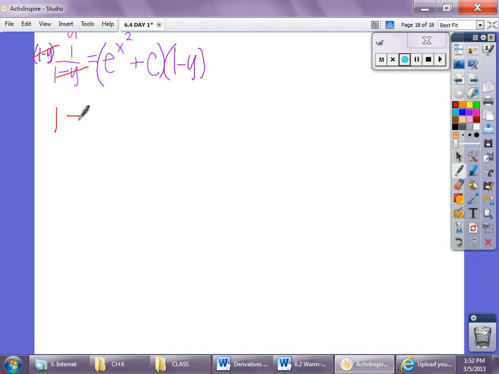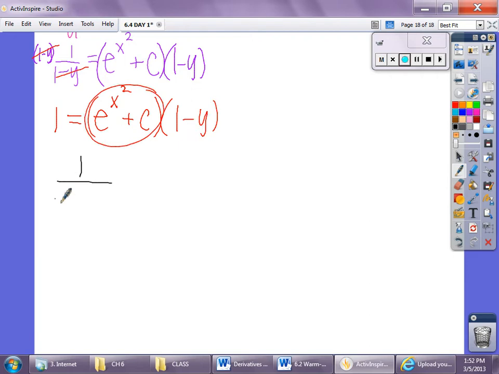I get 1 equals e to the x squared plus c, whole thing multiplied by 1 minus y. I'm going to divide by this term. So I get 1 over e to the x squared plus c equals 1 minus y.